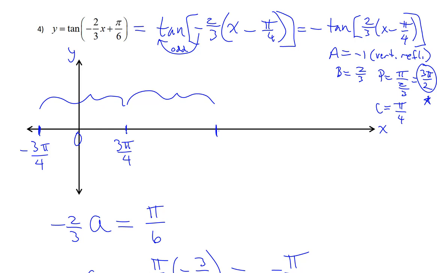Now, how far would that be? Well, let's do the math. We know we're at 3 pi over 4 at this marking. We're adding 1 full period, which is 3 pi over 2, also known as 6 pi over 4, if you keep a common denominator. So 3 pi over 4 plus 6 pi over 4 would be 9 pi over 4. In other words, now what we're showing are 2 consecutive periods of this function.